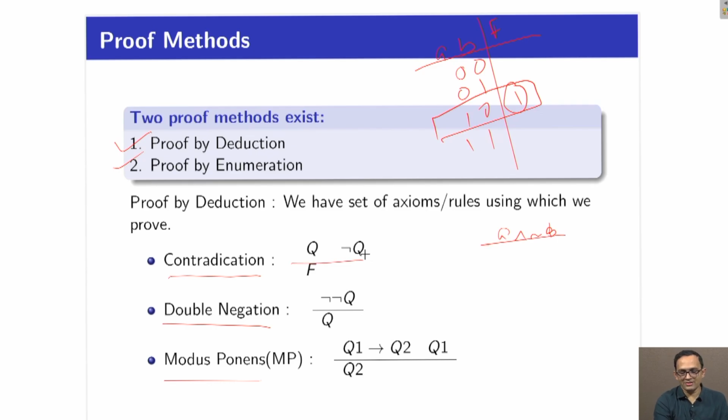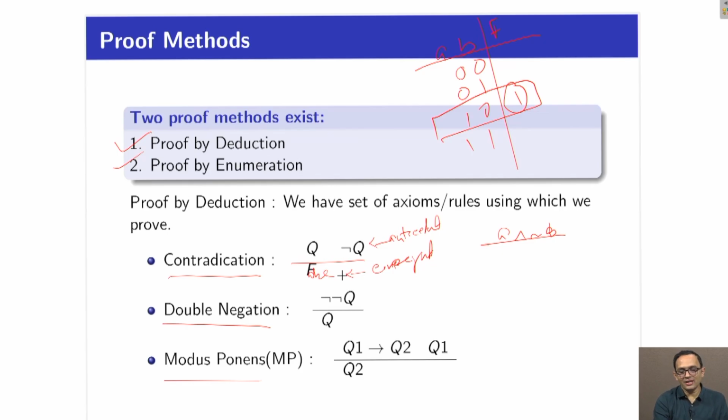So, this is basically called the antecedent and this is called the consequent. Here I am saying that if you have a formula q and you have not of q, and both are true, then it is basically false. This cannot happen together; that is called contradiction.